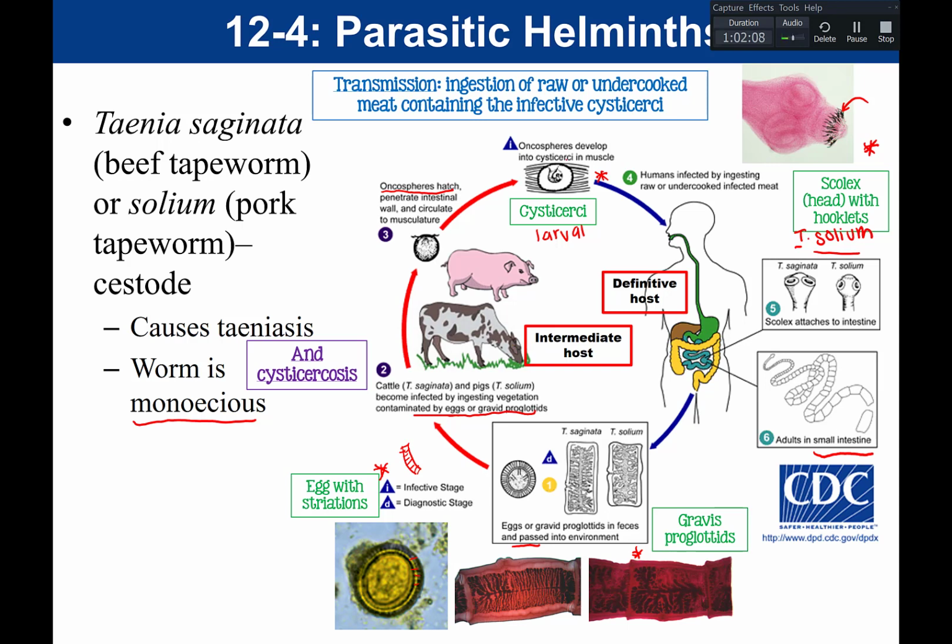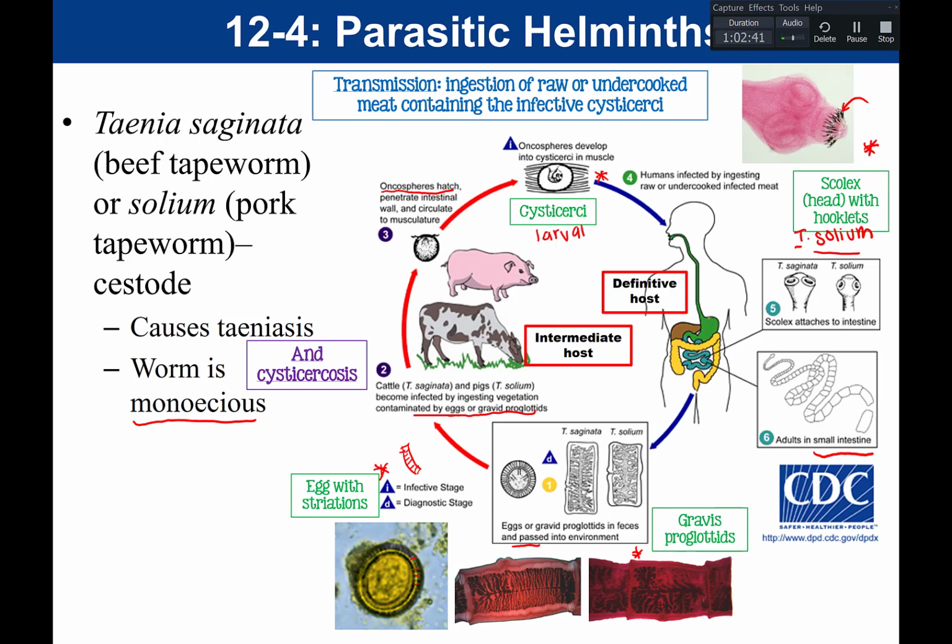Because again, this is going to be found in the muscle of the animal, in the pig or in the cattle, which is the meat. If the meat is not cooked thoroughly enough, then you're going to ingest the cysticerci. And when you ingest the cysticerci, they're going to make their way into the intestinal tract, where they will develop into the adults in the intestine.